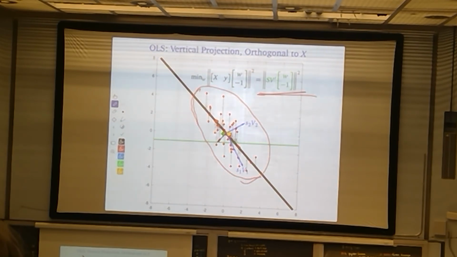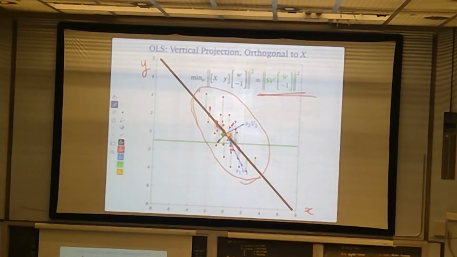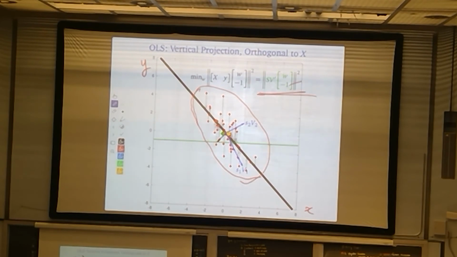It's a joint space. This is x, this is y in the joint space. This means this vector, the second component, which corresponds to the y component, is -1. So this is fixed. W could take any value. So that means I can take, for example, if I choose this as W, -1, I get a line.